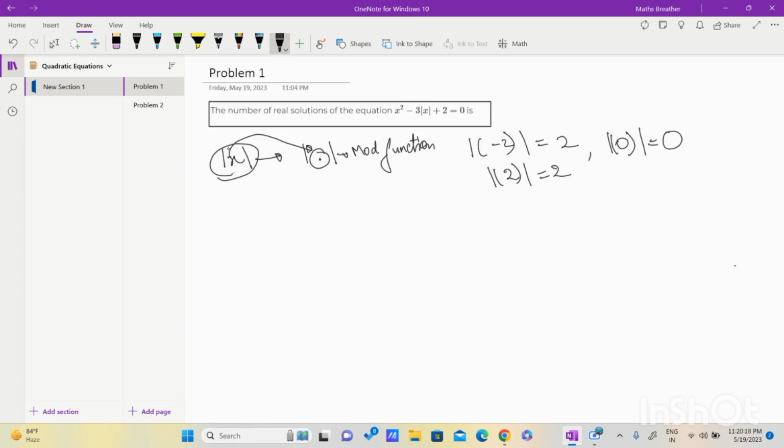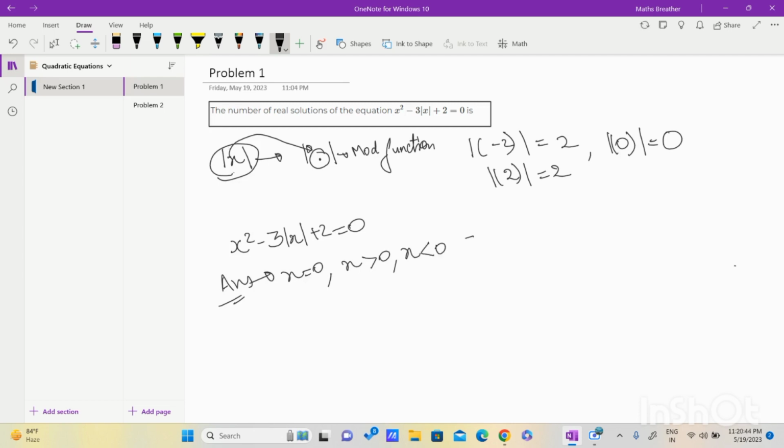Now for your quadratic equation, let's rewrite the equation once again here: x square minus 3 mod x plus 2 equals 0. Now mod x, how to solve this? x can be 0, or x can be greater than 0, or x can be less than 0.